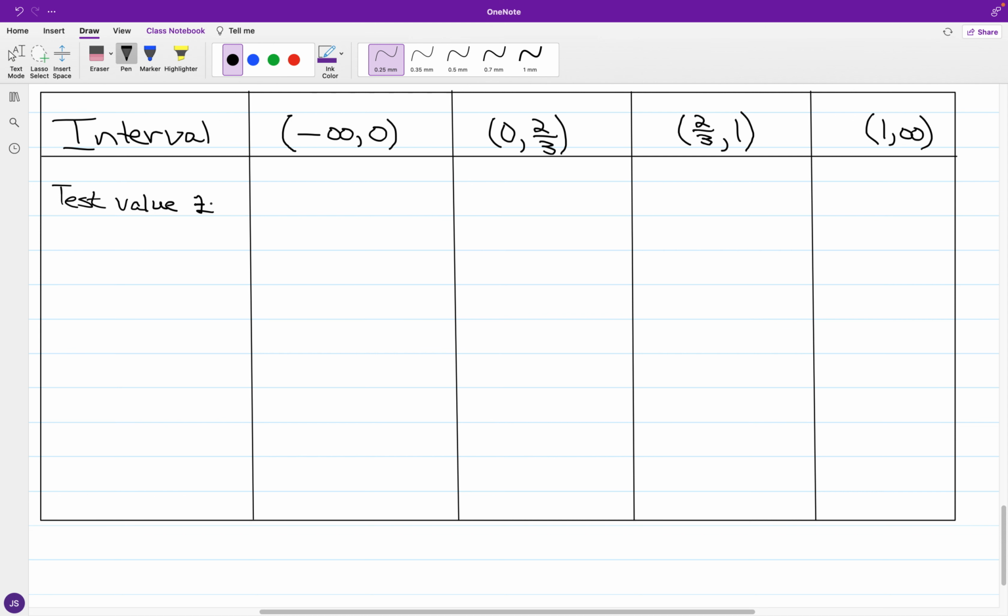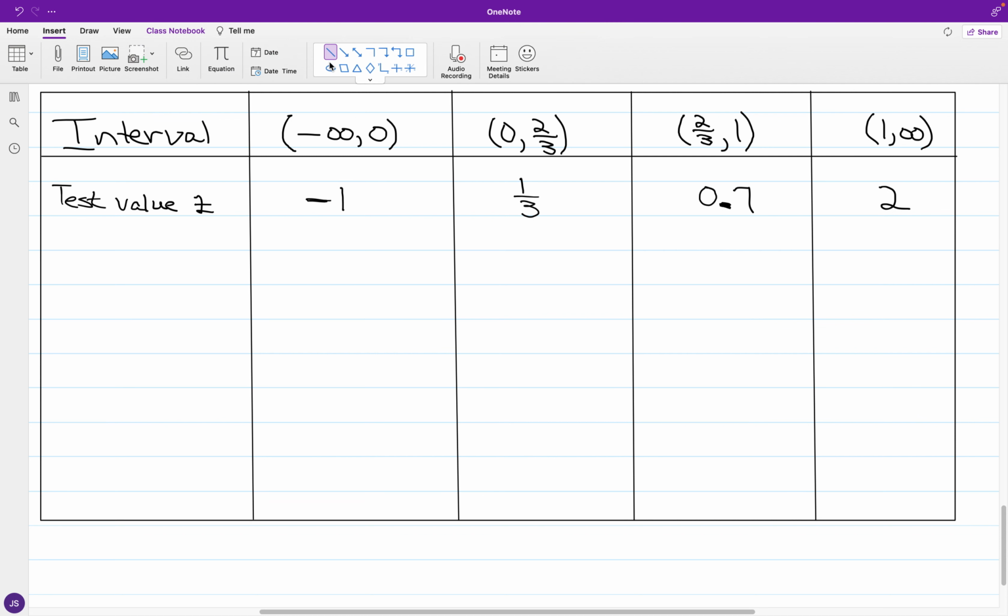For anything that is less than 0, we can go with -1. Now, the thing about the next two intervals is that we cannot fit an integer between the limits. So between 0 and 2/3, I can just go with the fraction, we'll say 1/3. And between 2/3 and 1, like 2/3 is about 0.67, it could be a fraction like 4/5, or it could be a decimal. I'm just going to go with 0.7. And for anything greater than 1, we can go with the number 2.